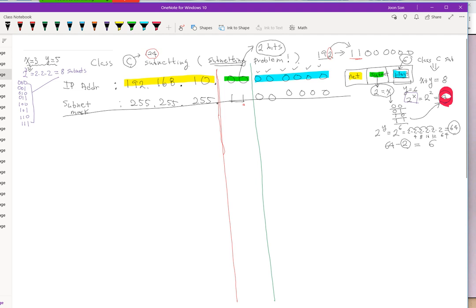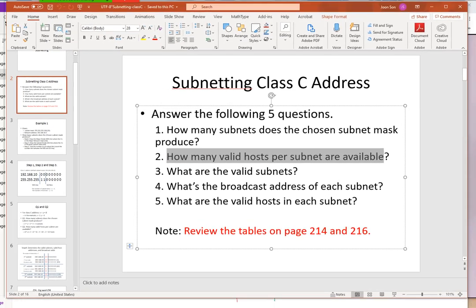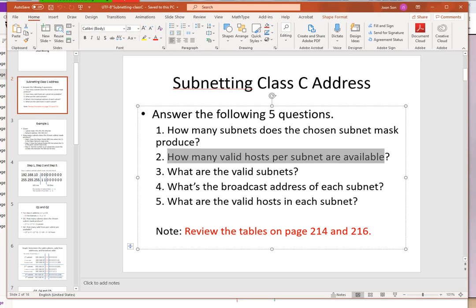So each basket can hold 62 apples. So you answered the second question: how many valid apples per basket? 62 apples, meaning 62 usable host IP addresses.